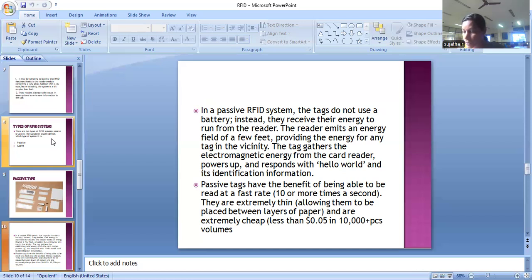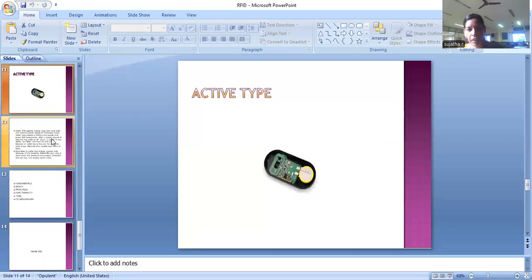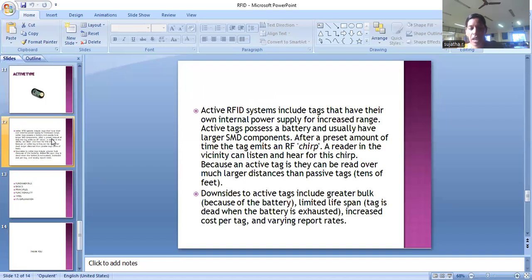Next is the active tag. An active tag has its own battery, which means it supplies its own power. Active RFID systems include tags with their own internal power supply for increased range, depending on the frequency range.